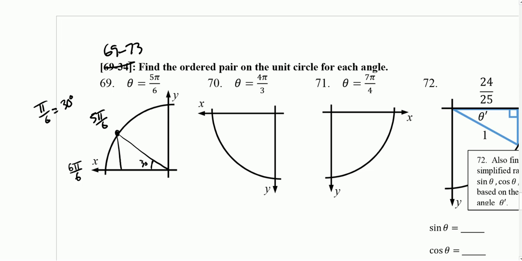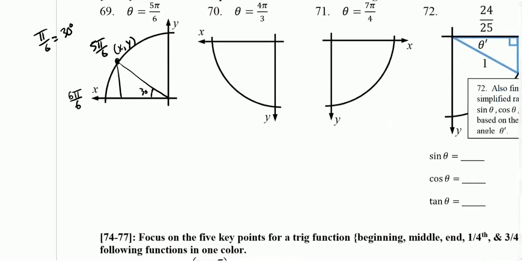Okay, and so we're looking for the x and the y coordinate on the unit circle. So think about our 30, 60, 90 right triangle. 30, 60, 90. I'm going to orient the same way. We use side lengths 1, 2, and root 3, which is different than the unit circle because the unit circle has a hypotenuse of 1. But that's okay because we know x is the cosine of this angle.